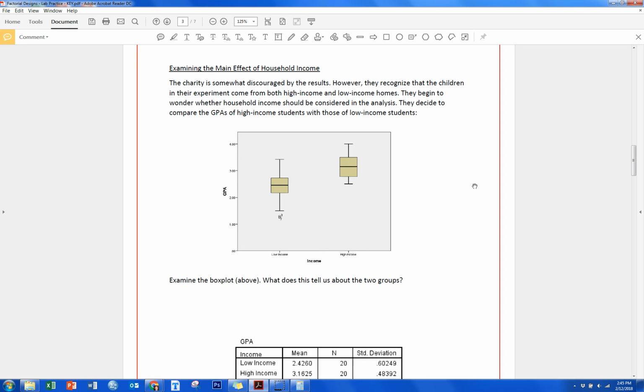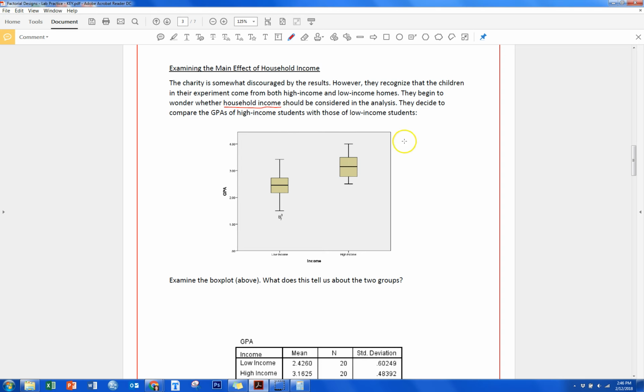However, they recognize that the children in their experiment come from both high-income and low-income homes. So there's some other variable that might be at play. They begin to wonder whether household income should be considered in the analysis. They decide to compare the GPAs of high-income students with those of low-income students.